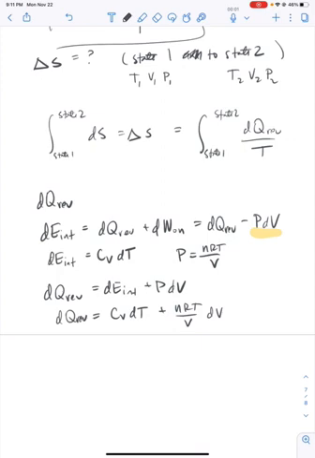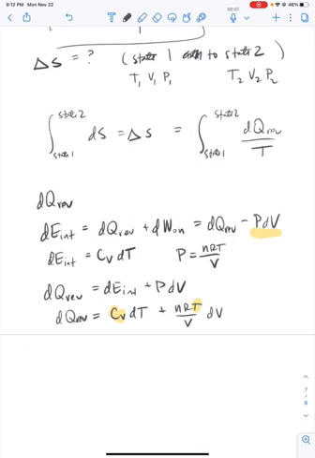Now, you might be a little bit worried about this, and appropriately so, that there's this T term here multiplied by dV, because that is not a constant, right? So the things we have multiplied by dT, this CV, that's a constant. The n and the R are constants. The V is in terms of the dV. So that one is going to be okay to integrate, but that T term is going to be a problem because it's not a constant.